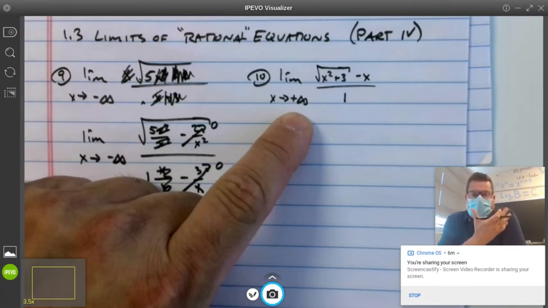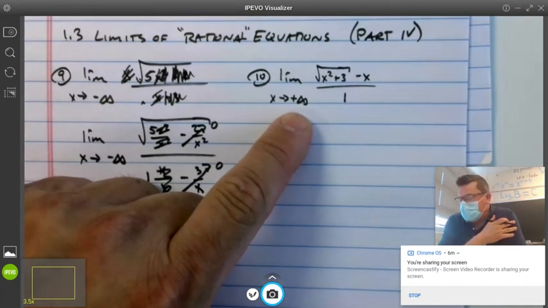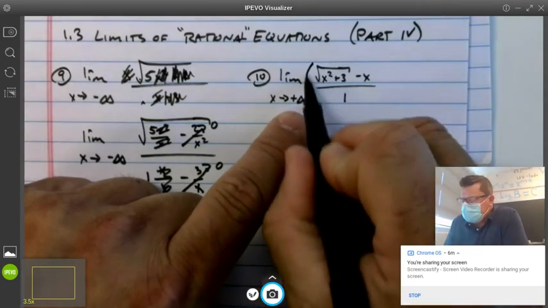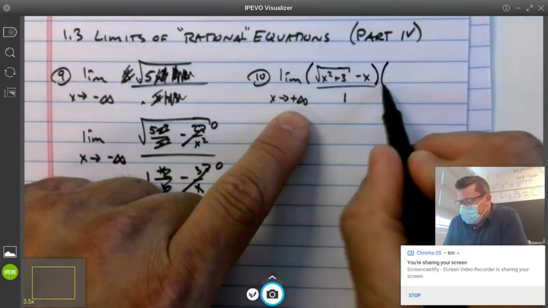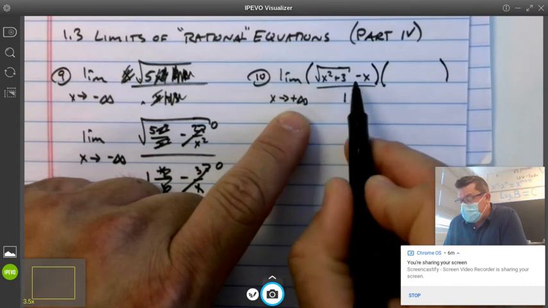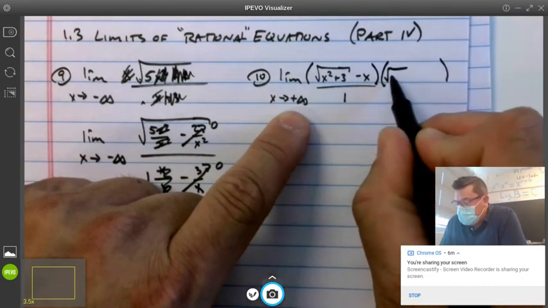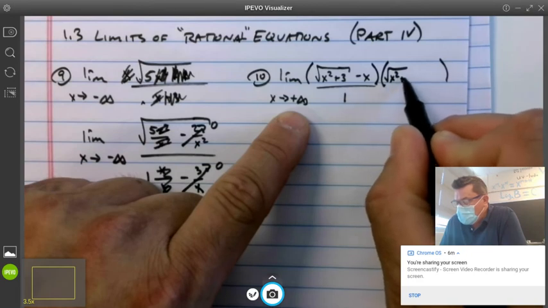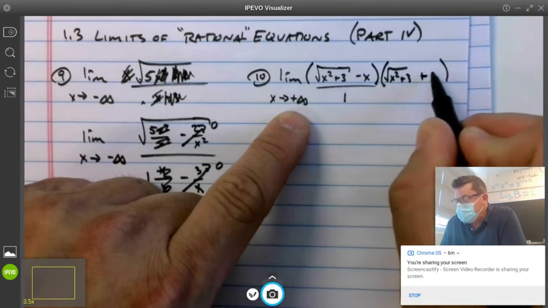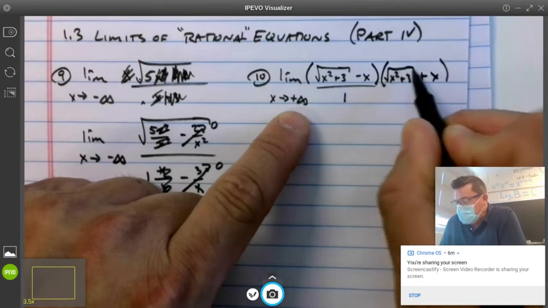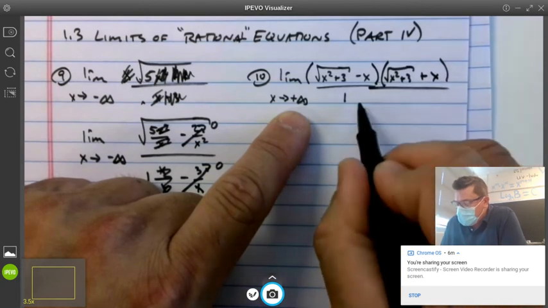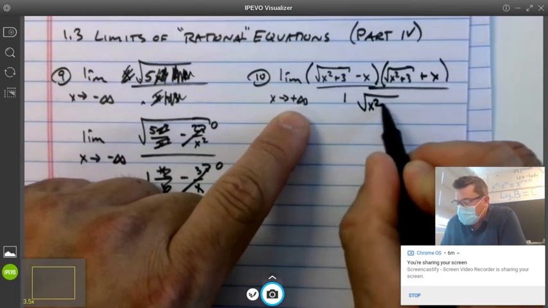So let's see what happens when we do this multiply top and bottom by the conjugate. What's the conjugate of garbage minus something? It's going to be garbage plus something. So we multiply the top and bottom by this garbage plus something.